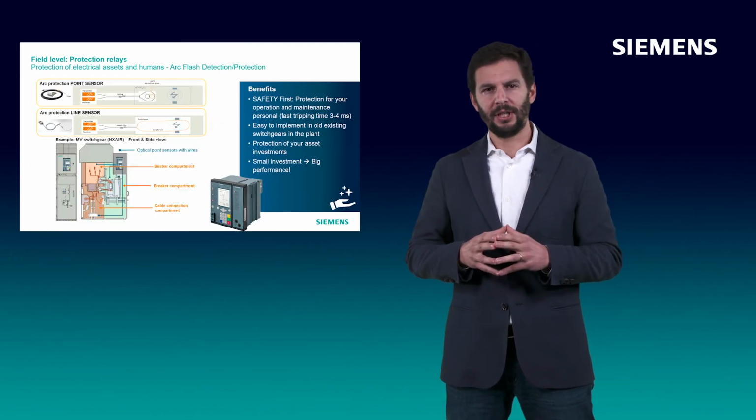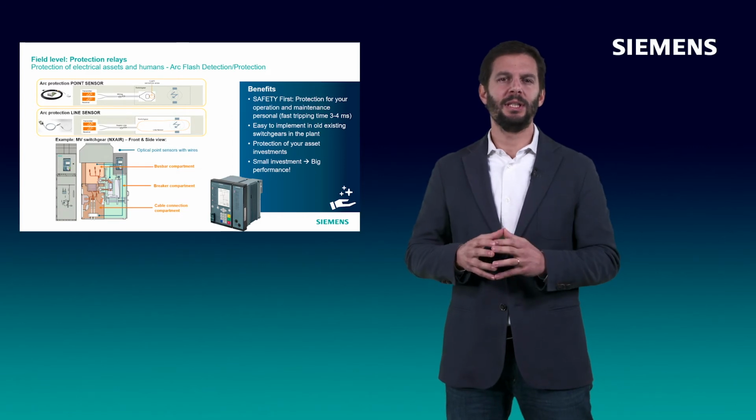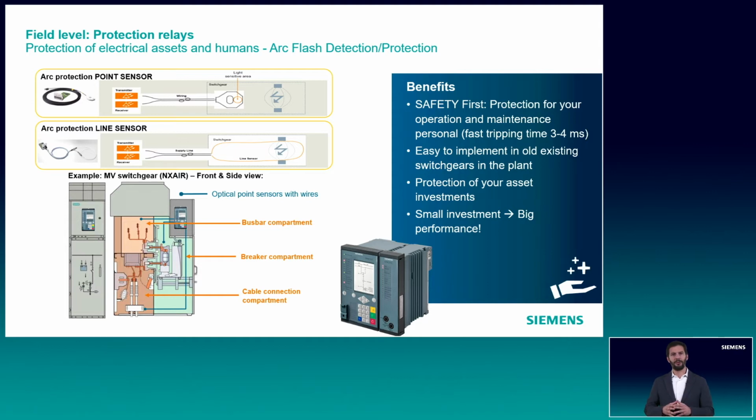Still on the topic of safety, if we look into an industrial plant, immediately we will see a considerable number of medium voltage switchgears. Having these primary equipments around also brings some additional risks. First of all, to the persons which have to operate them. In order to avoid that, we have the arc flash detection.